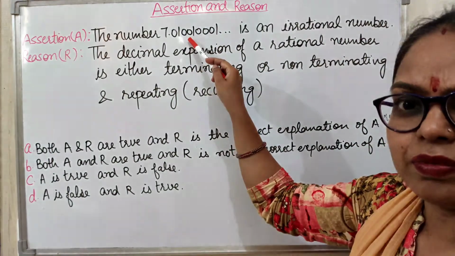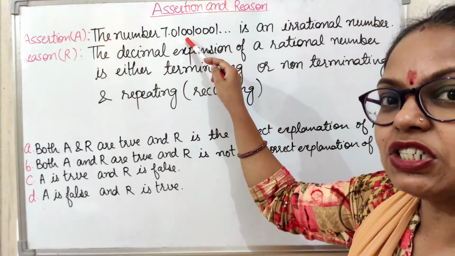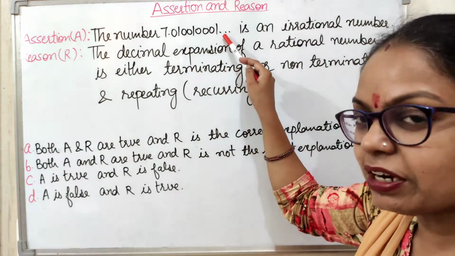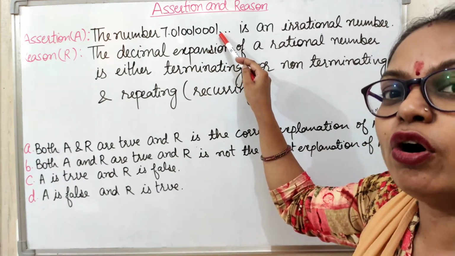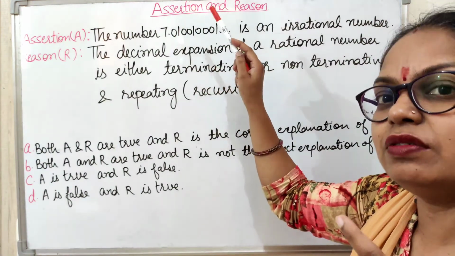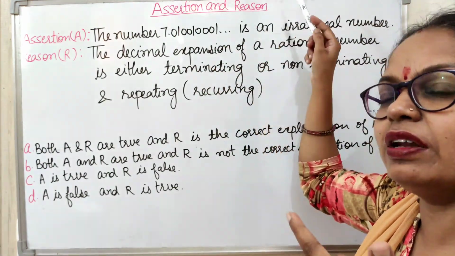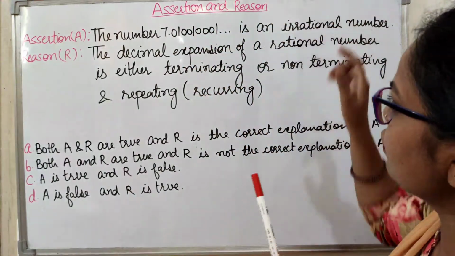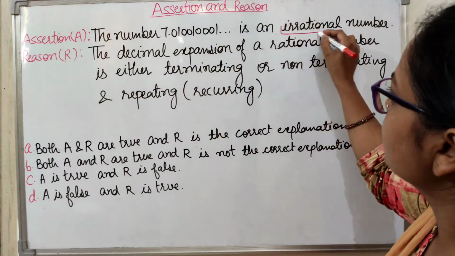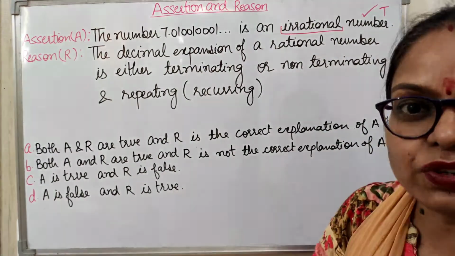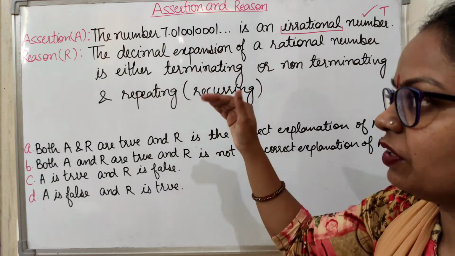Yes, the decimal expansion of an irrational number is always non-terminating and non-repeating, because here it is 0.01001000100... So this is not repeating. So the statement given to you is a true statement.